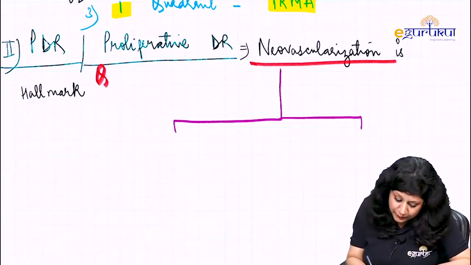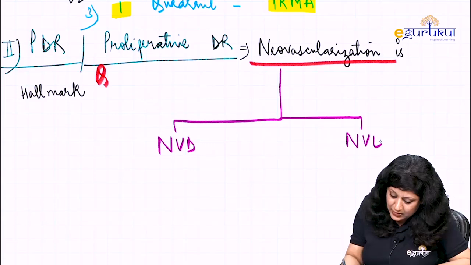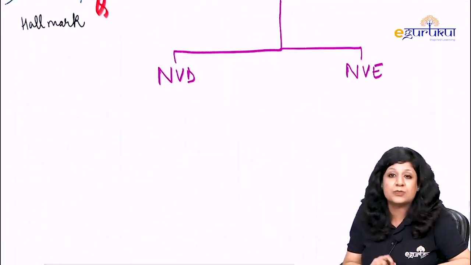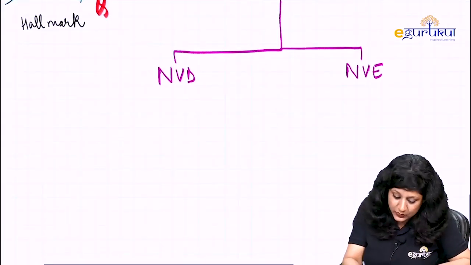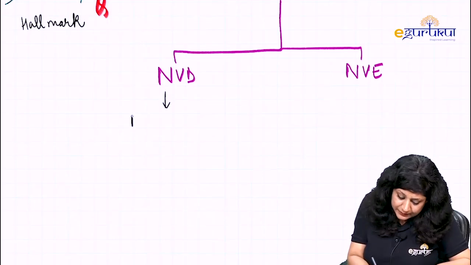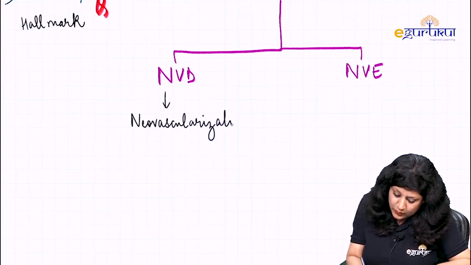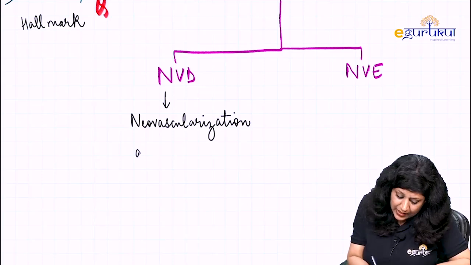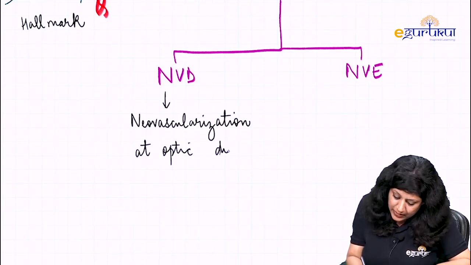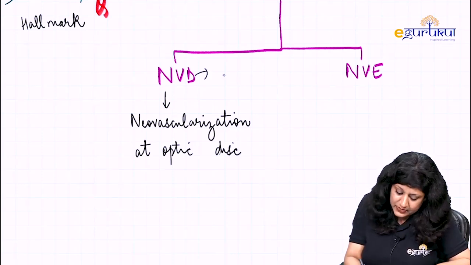We can have the NVD or we can have NVE: neovascularization at the optic disc, neovascularization elsewhere. So we can get here neovascularization. This is neovascularization at the optic disc. D means the disc here.